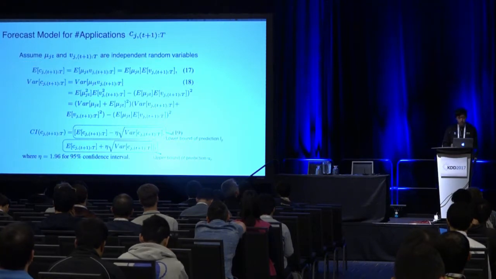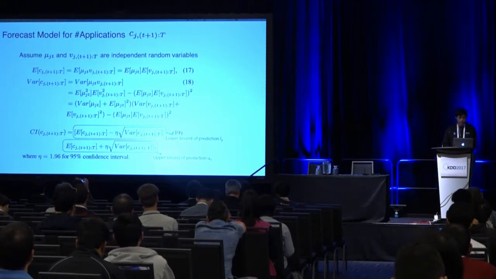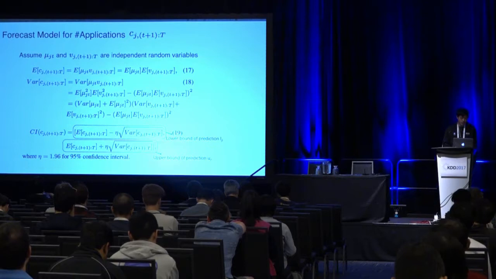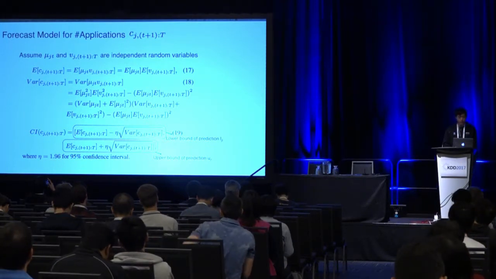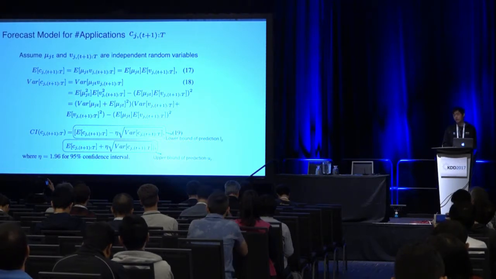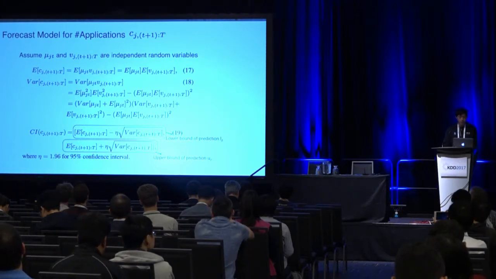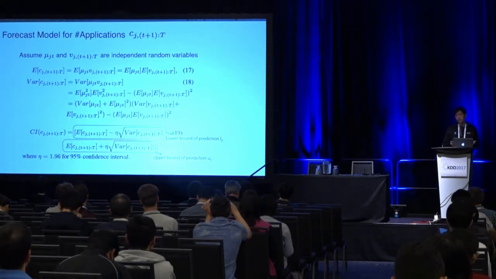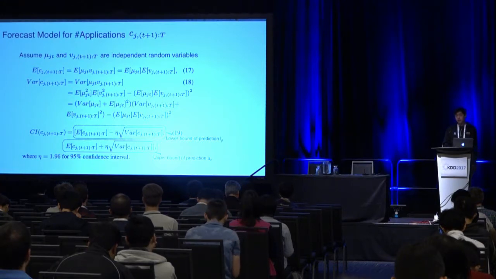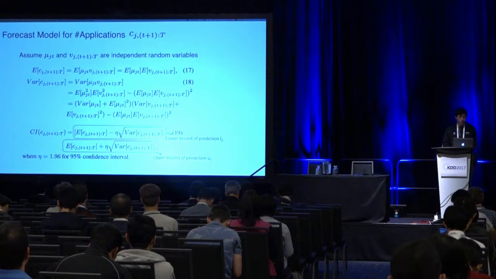Once you have the apply rate and the impression forecast, by assuming they are independent, you simply compute the expected value and variance of the product of the two. Following the mathematics, you finally get the 95% confidence interval of the number of applications a job will receive at the end of the day.